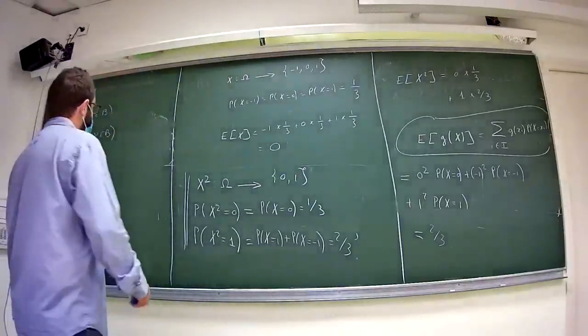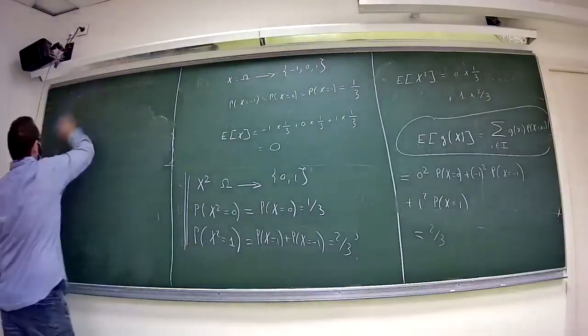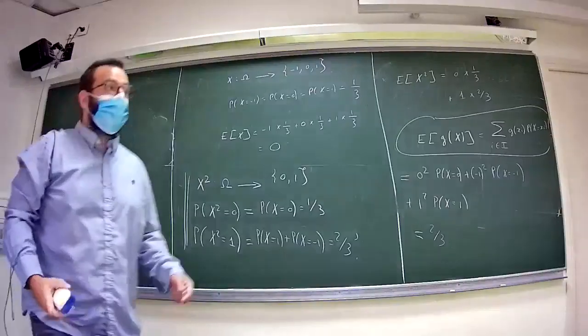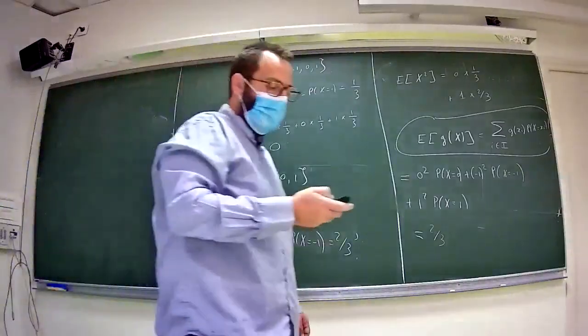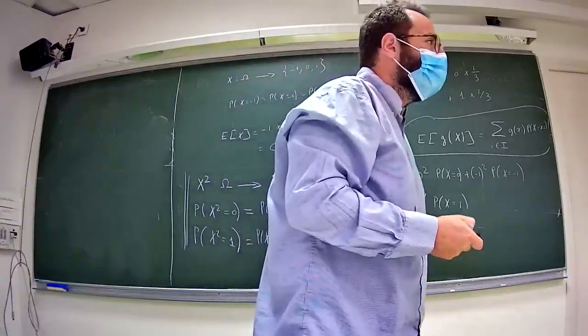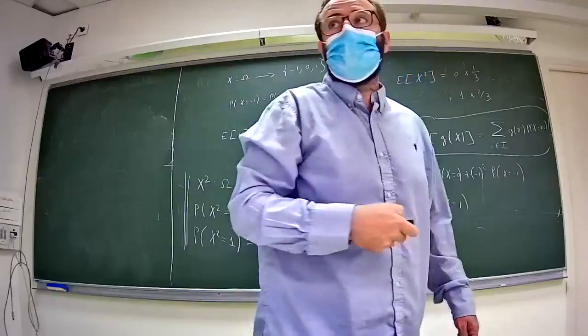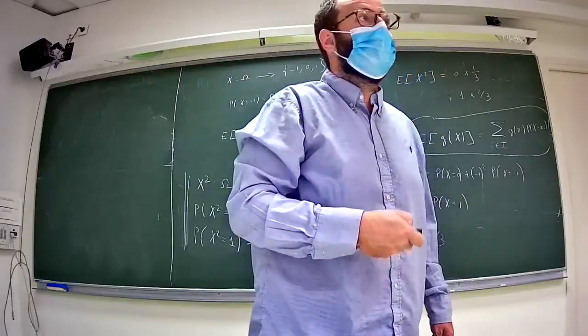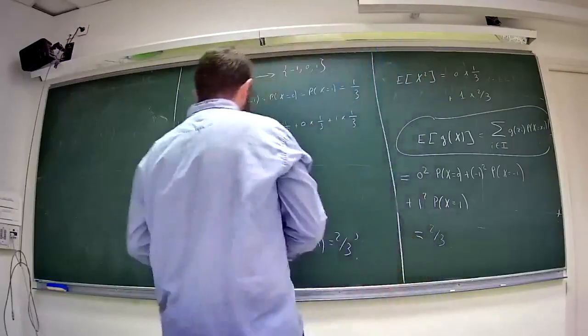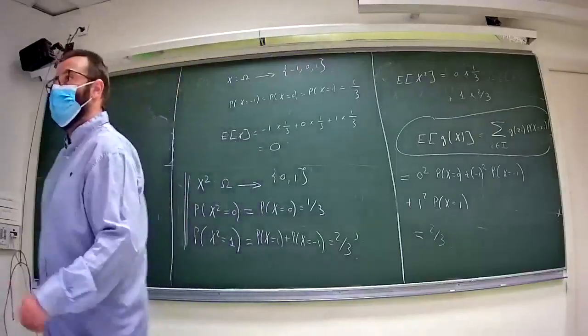So the Jensen inequality. Of course, in my statement here, I have this convex. If you don't know what is a convex mapping, of course, it's not that clear what is this meaning here. My question is, what is a convex mapping?